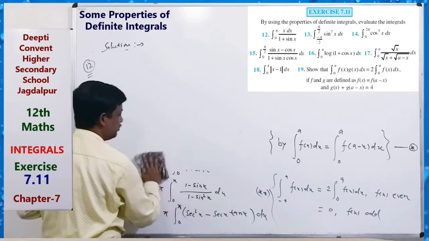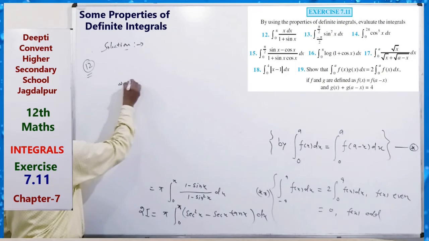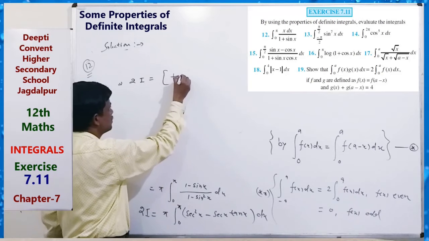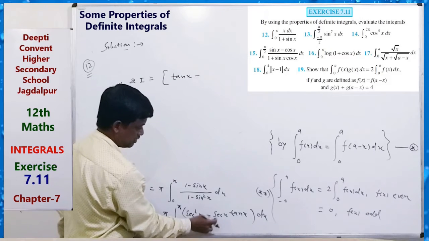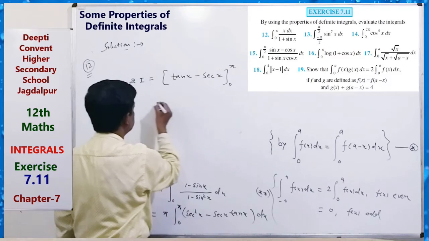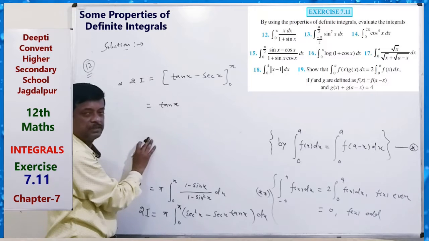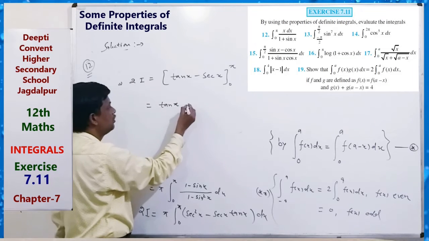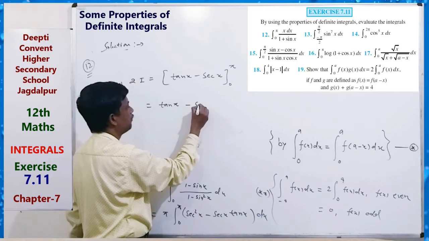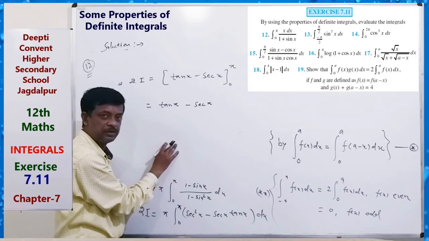So what will be the value? 2I equals pi times [tan x minus sec x] from 0 to pi. At pi: tan pi is 0, minus sec pi, and sec pi is 1 over cos pi, which is minus 1.